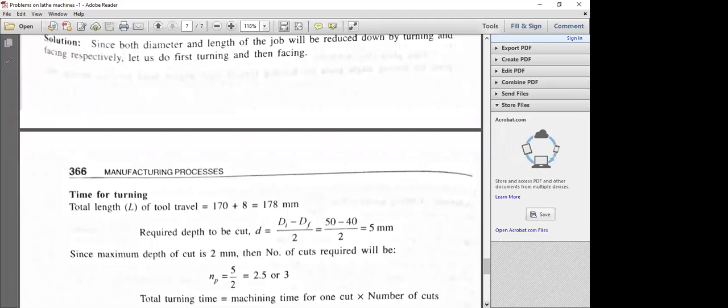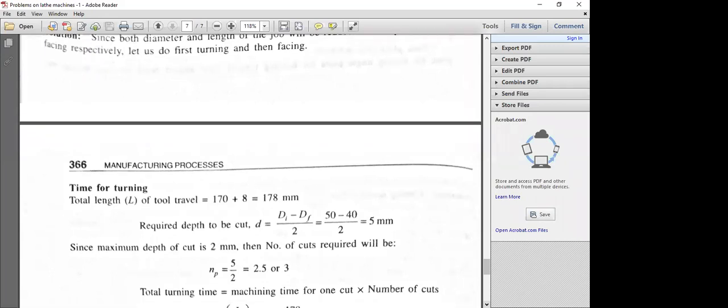The required depth of cut is 5 mm and the maximum depth of cut given is 2, so it is 5 by 2, which is 2.5. You cannot take 2.5, so you approximate the number of passes as 3 instead of 2.5.